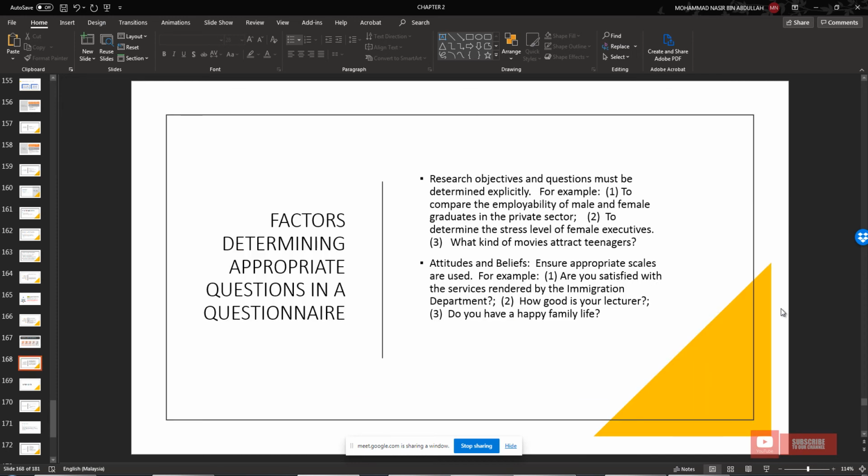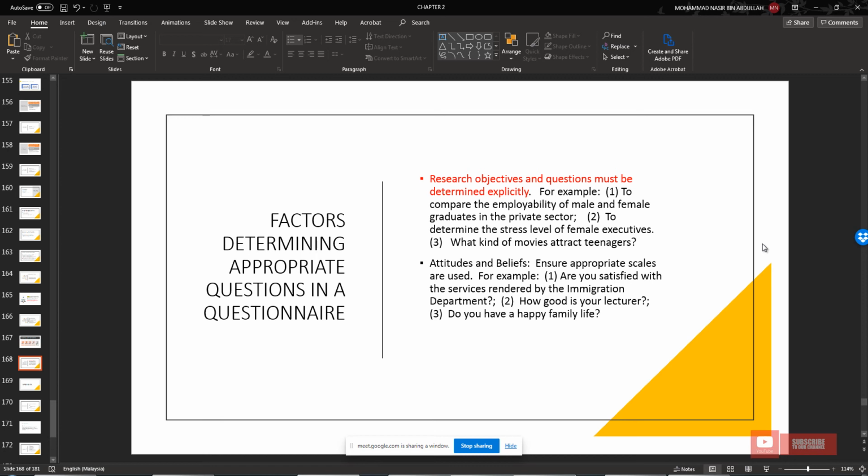So next slide, factors determining appropriate questions in a questionnaire. So first, the research objective and question must be determined explicitly. It means that, as I said before, these two parts are very important in your research. So you need to make sure you are clear with your objective and research question, right?